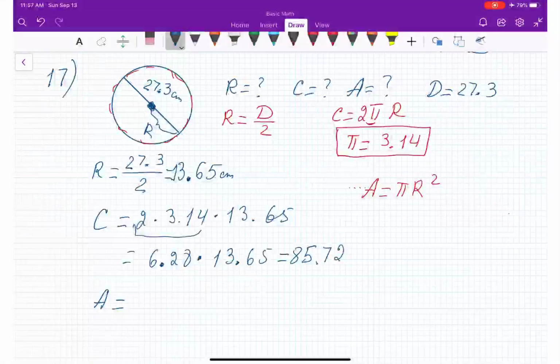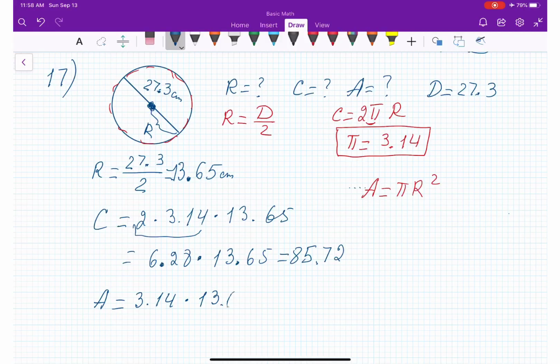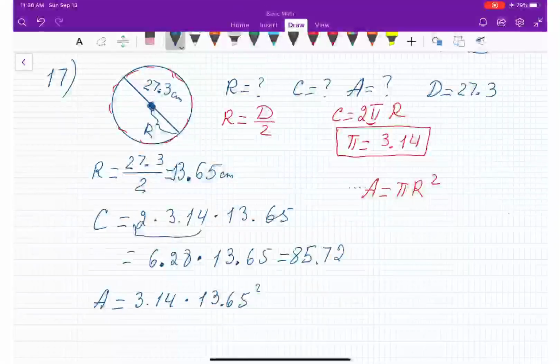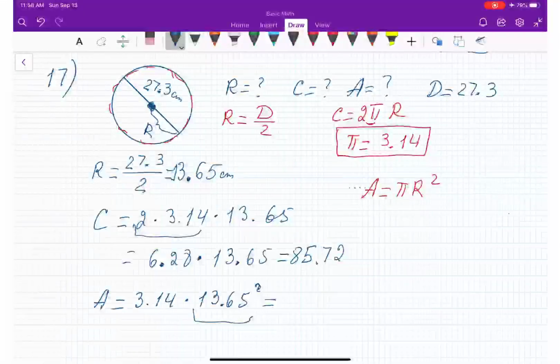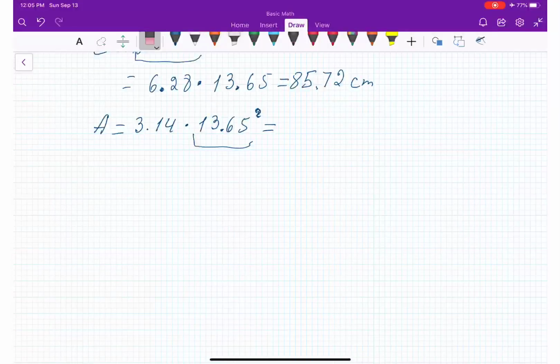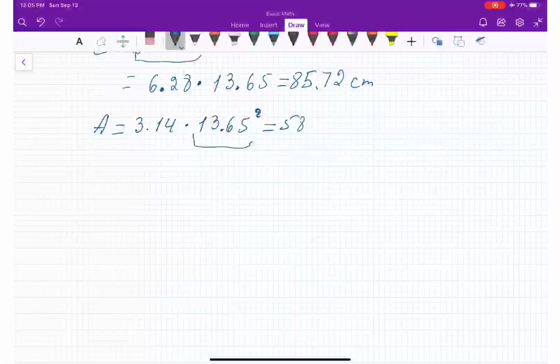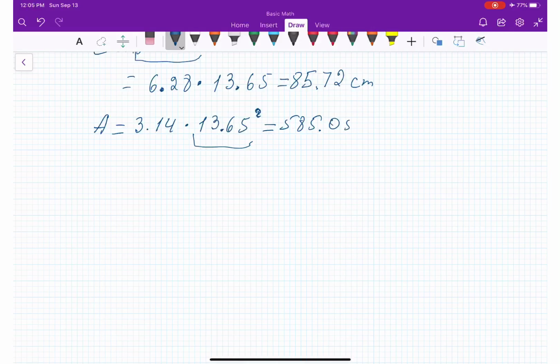R is 13.65 squared. If you square it first and then multiply by 3.14, the result you should get is 585.05 centimeter square. Okay.